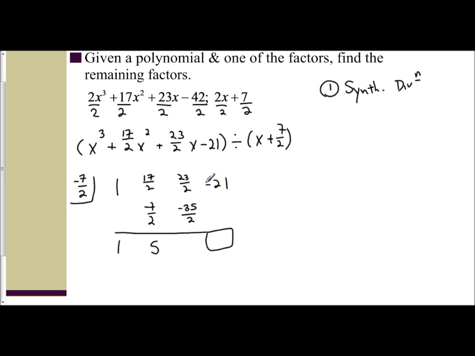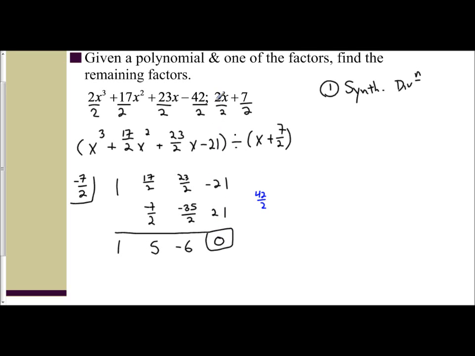And so if you get 23 halves plus negative 35 halves, that's negative 12 halves, which is negative 6. And so if we get negative 7 halves times negative 6, that's positive, I'll put it off to the side, 42 halves, which is actually the number 21. And so our remainder is 0.